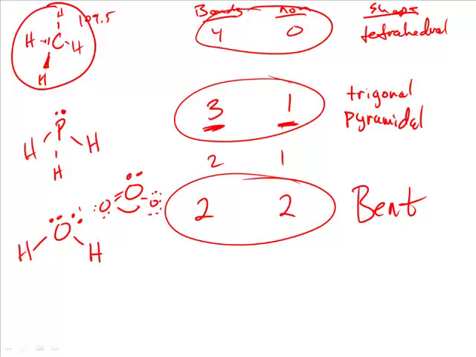Which one's got a greater bond angle, here or here? Well, you would hopefully say something along the lines of, well, water has 2 lone electron pairs, ozone only has 1. The more the electron pairs, the greater the repulsion, the more they're going to be pushed in. So water would have a much, much smaller bond angle than ozone would, simply because water's got the 2 electron pairs, ozone's only got the 1.